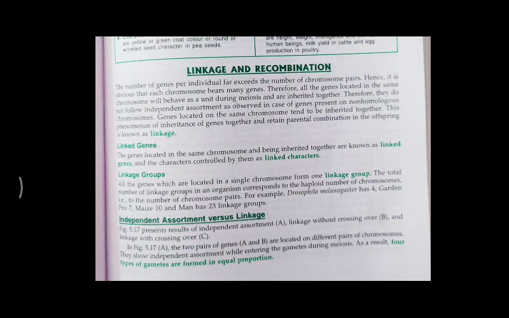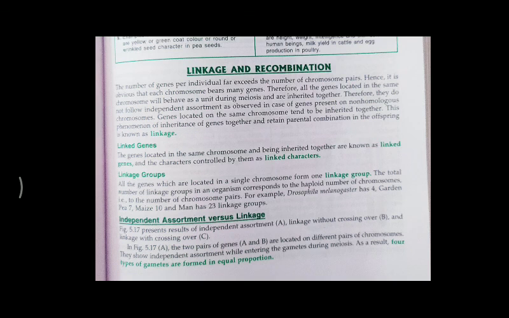The total number of linkage groups in an organism corresponds to the haploid number of chromosomes, meaning the number of chromosome pairs. For example, Drosophila melanogaster has 4, garden pea has 7, maize has 10, and man has 23 linkage groups. I think you have got the meaning of haploid, and by that we can find out the number of linkage groups.